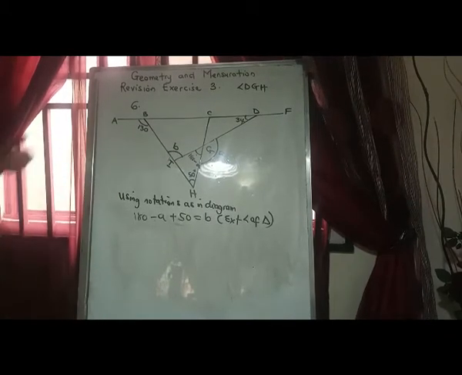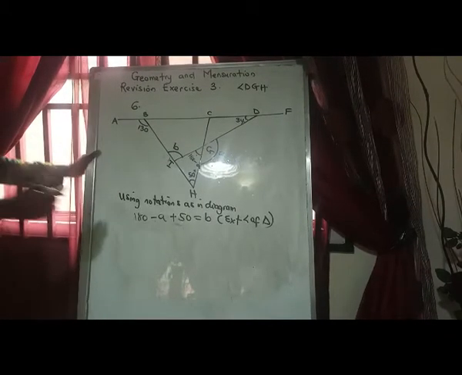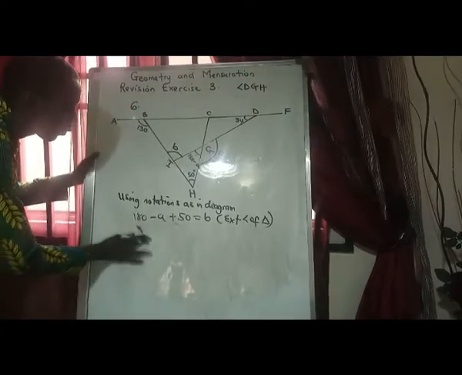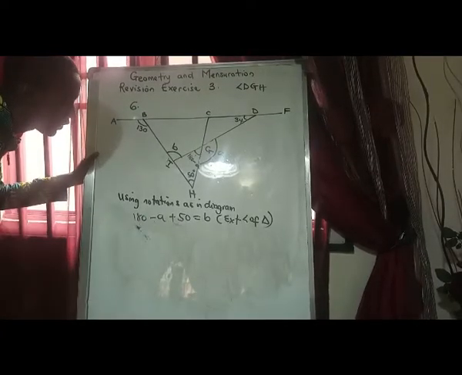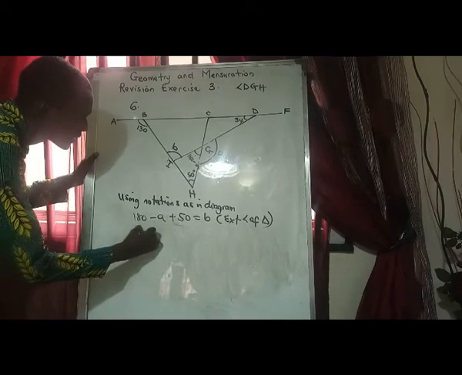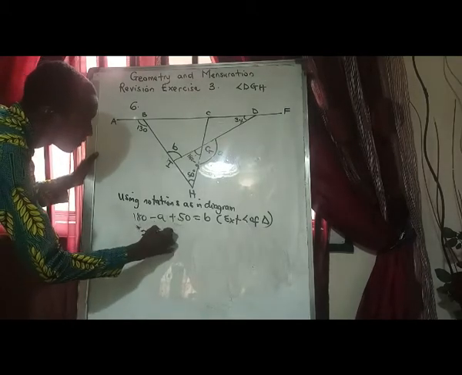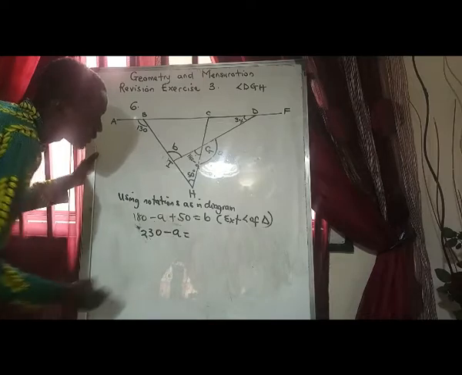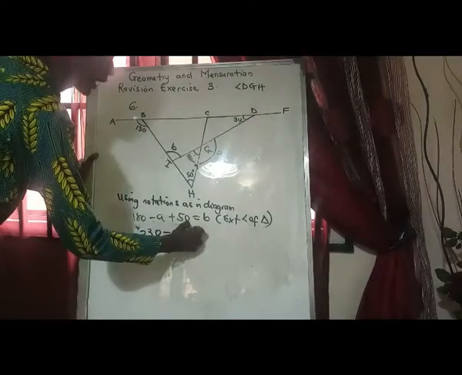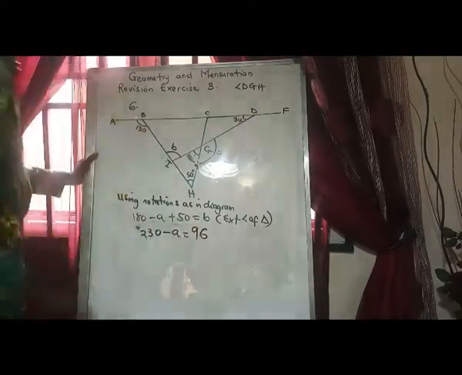We got B to be 96. So that means 180 plus 50, which is 230 minus A, will be equal to 96. I hope I'm right with that.